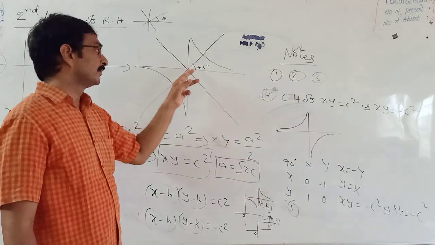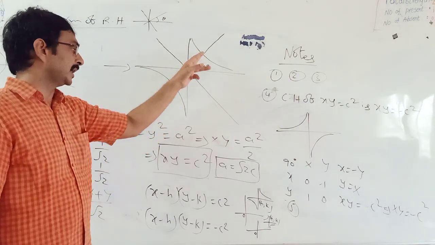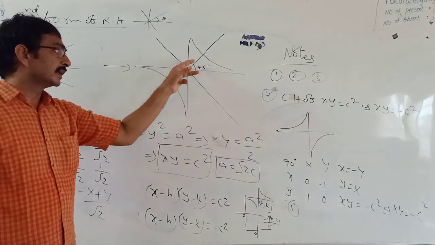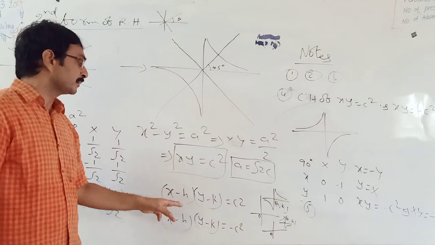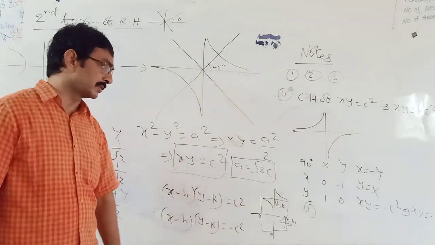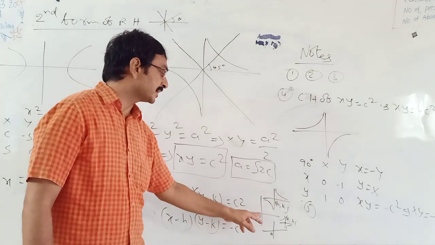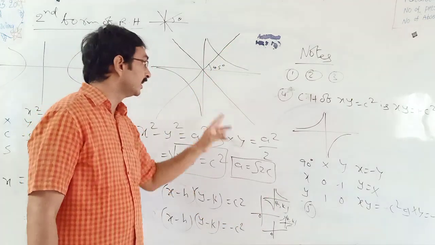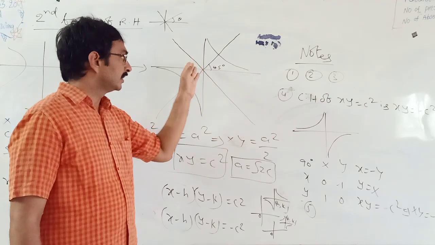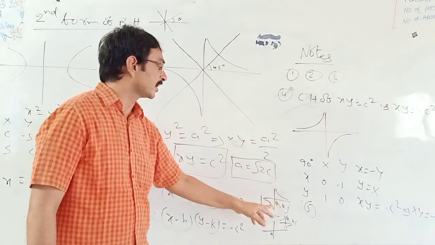If we shift the origin to the point h comma k, then its equation xy equal to c square becomes x minus h into y minus k equal to c square. So figure out this equation: if the origin is shifted to the point h comma k, then the new figure is this one.